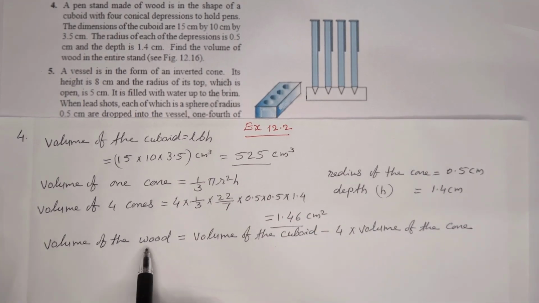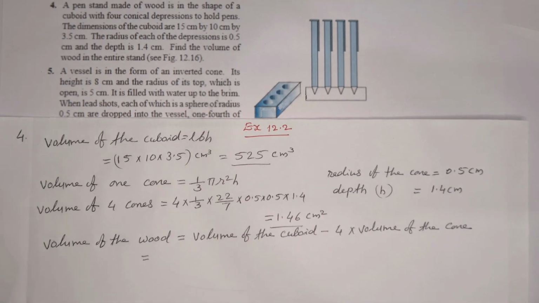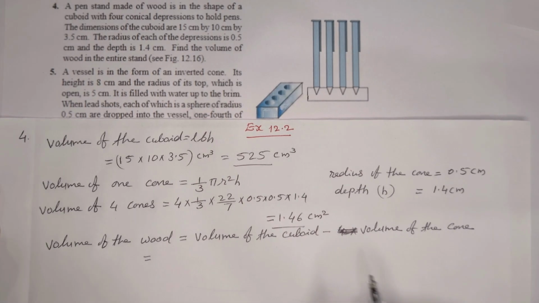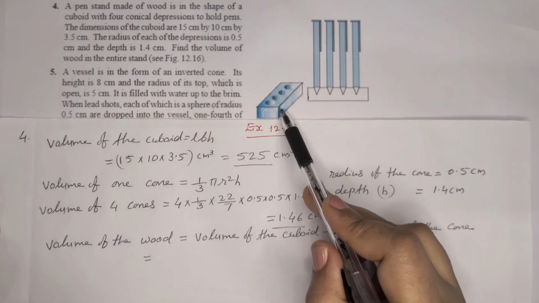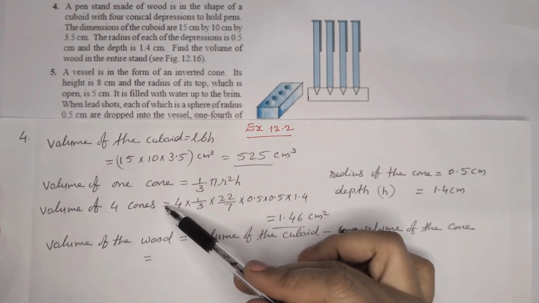Now the volume of the wood is equal to the volume of the cuboid minus the volume of 4 cones.